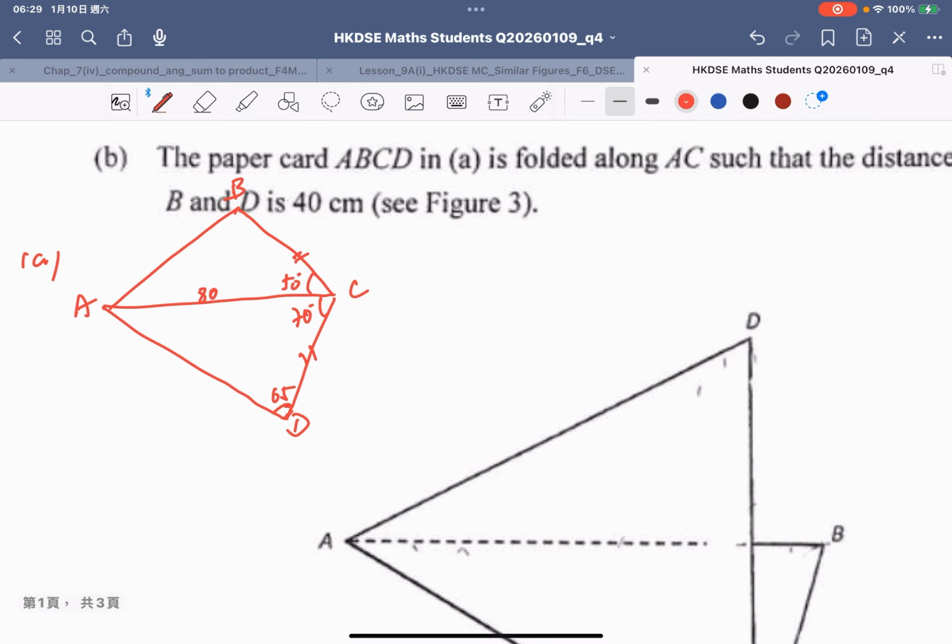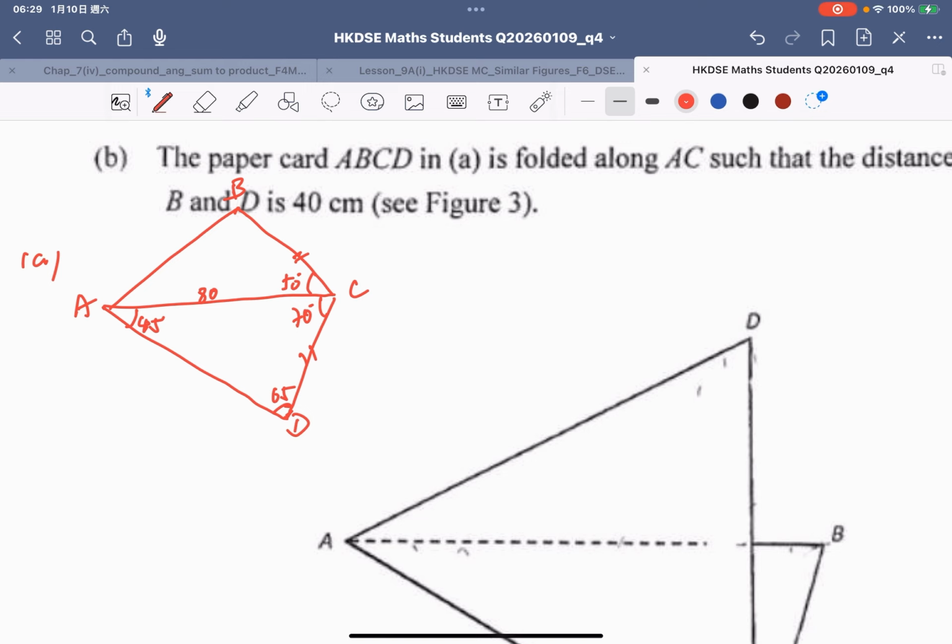For CD, I first calculate this angle, 45 degrees. Let me check. 180 minus 65, yes, 45.